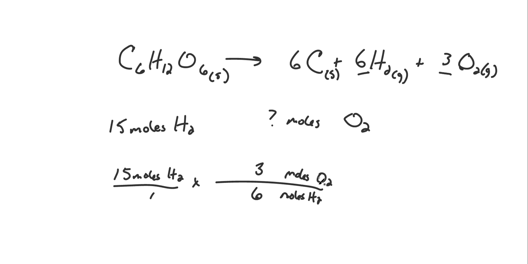So then we just do that. You can take 15, multiply by 3, divide by 6, or those of you that are looking at this say 3/6 is the same as 1/2. So you can take 15, divide by 2, and if you got 15 moles of hydrogen, you'll get 7.5 moles of oxygen. Okay, we're going to get more complex than this yet, but this is just the beginnings of it.